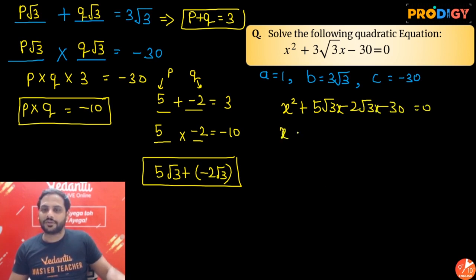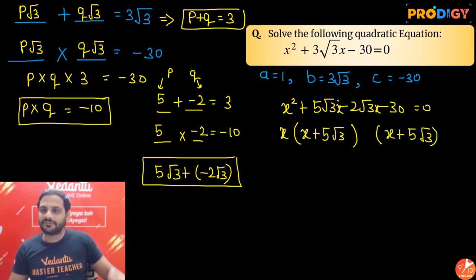Here if I take x common, I am left with x plus 5 root 3. Now I know here I have created x plus 5 root 3, so the same should be taken common from the next bracket also. So the next bracket also should have x plus 5 root 3.